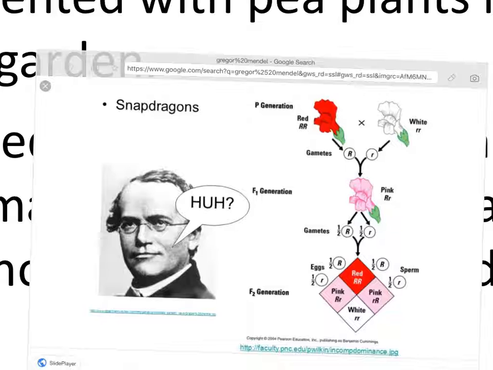He started crossing parents of known color flowers. Okay? And in snapdragons, in fact, you end up with incomplete dominance. In other words, pink flowers.